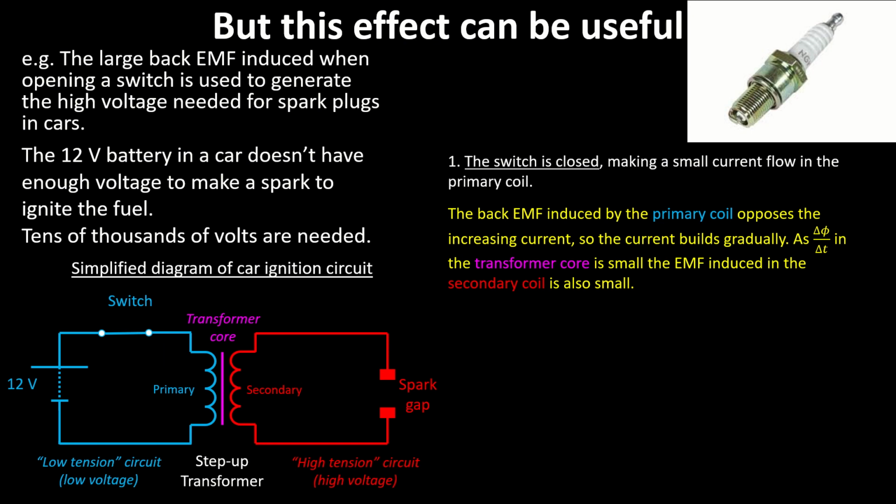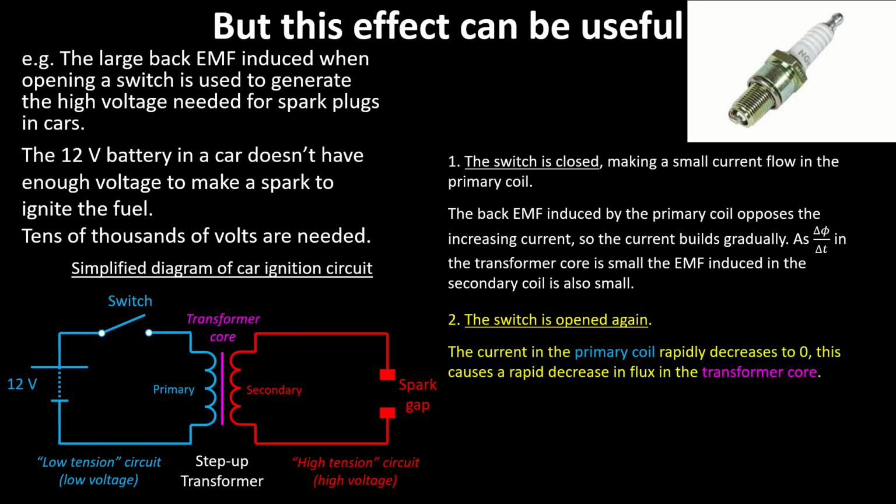Now, the important thing happens next, when you open the switch again. There was current flowing in the primary coil, you've just opened the switch, so the current in the primary coil rapidly decreases. The important term there is rapidly. It happens quickly. It's not necessarily a large change in current, but it is a rapid change in current. So you get a rapid decrease in flux in the transformer core.